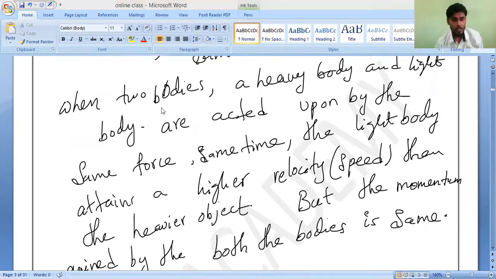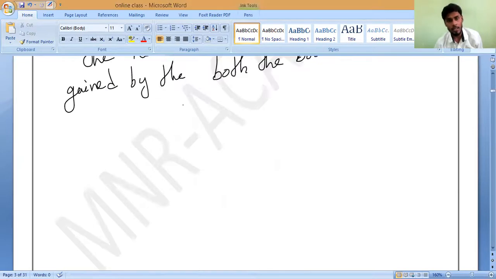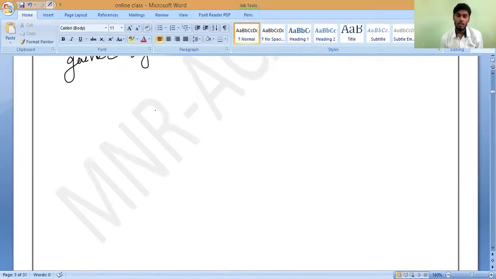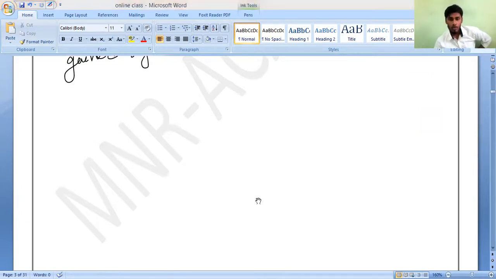So what is Newton's second law? Newton's second law will give the relationship between what? It will give the relationship between momentum and force. Right.